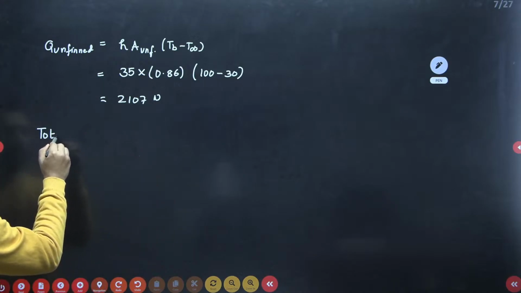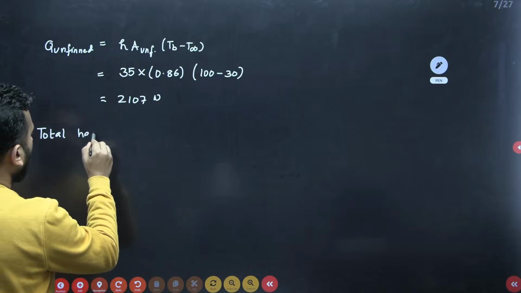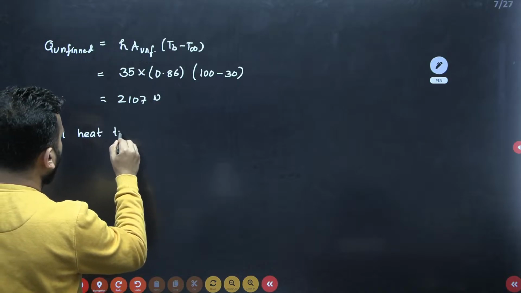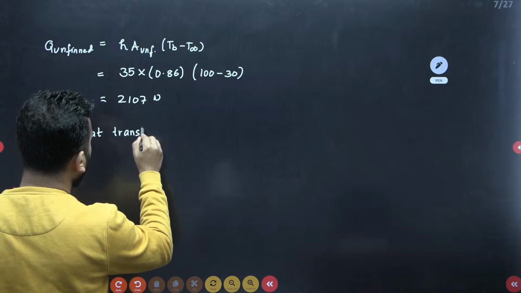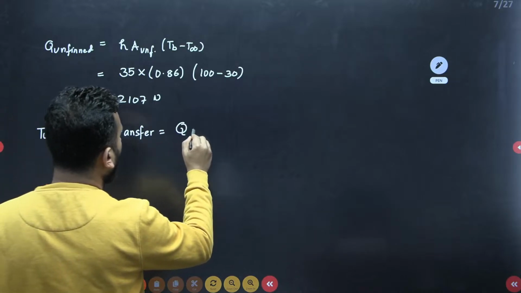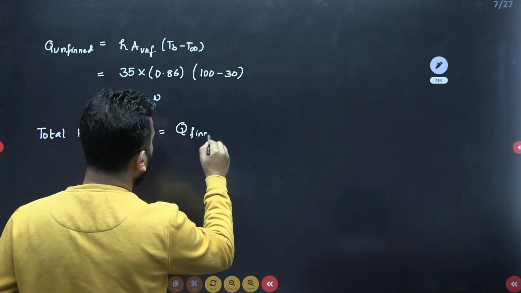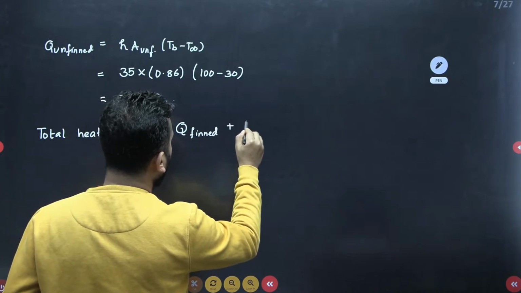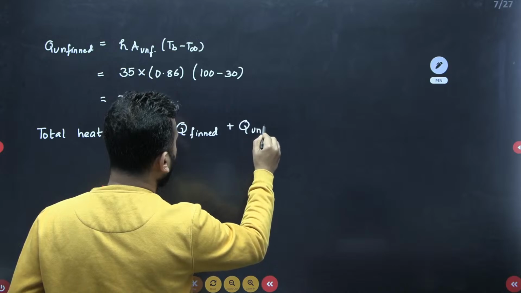And now the total heat transfer is nothing but Q of finned plus Q from unfinned.